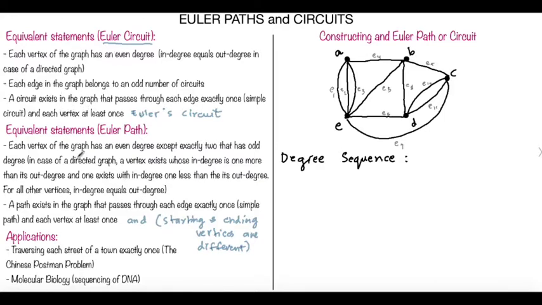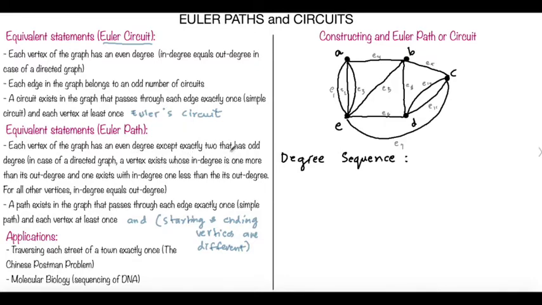from Euler's path. In this case we have even degree for Euler's circuit, but for Euler's path we have to have even degrees for all of the vertices except two of them, exactly two of them.